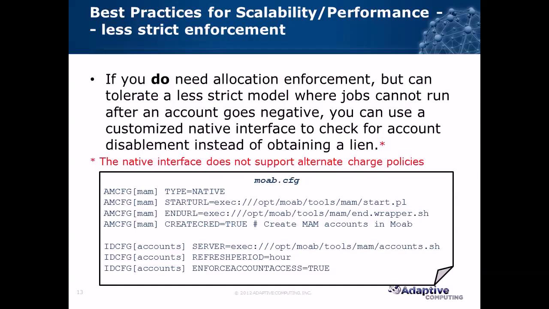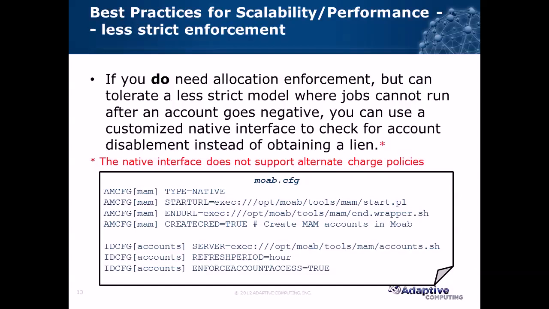And then we do some things in Moab to help, because we're not doing the lien, so we're not checking certain other things like does the user belong to the project and things like that. So we need to enforce this through Moab. So the way we do that is through the same identity manager. It's going to do two things. It's not only going to update that flat file, but it's also going to import a bunch of information into Moab and tell Moab to enforce it.